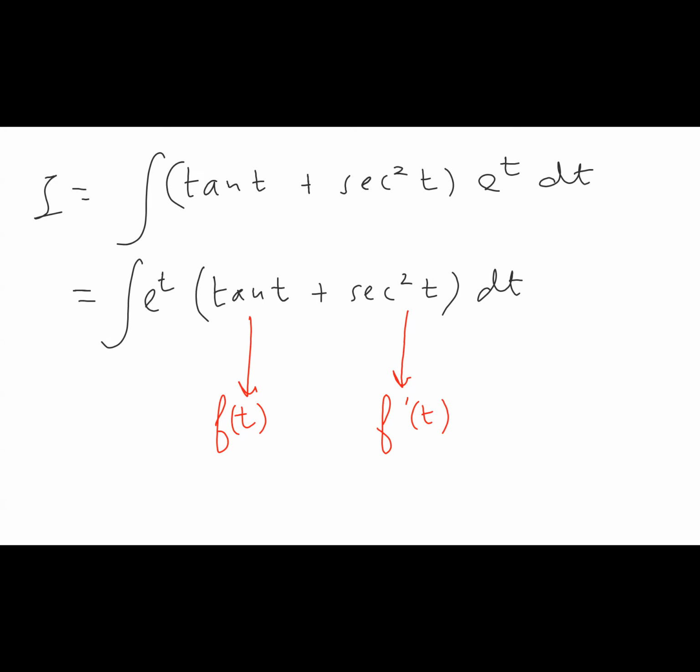So this is equal to e raised to t f of t. The derivative of tan is sec square, right? So the first term is f of t, the second term is f dash t.